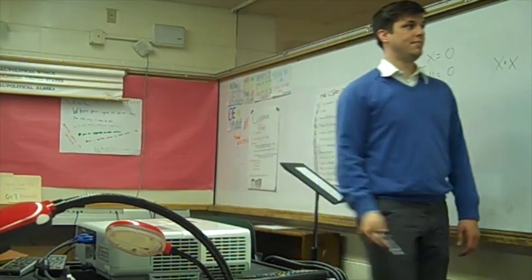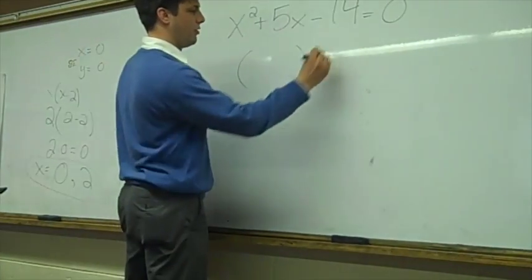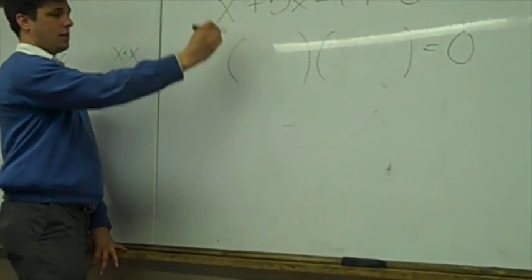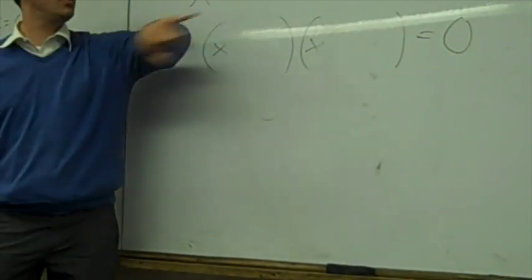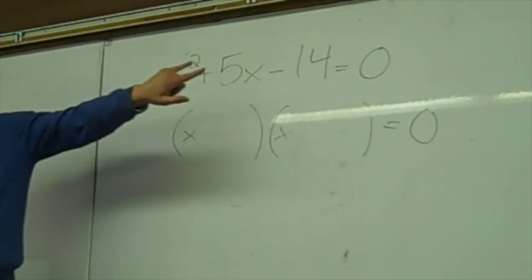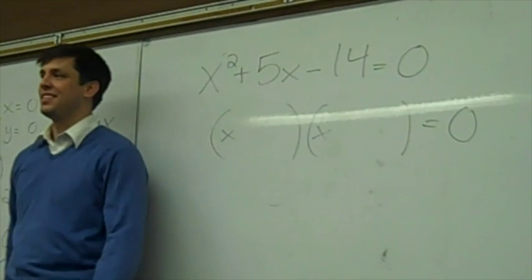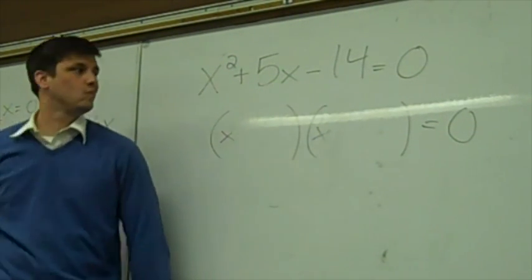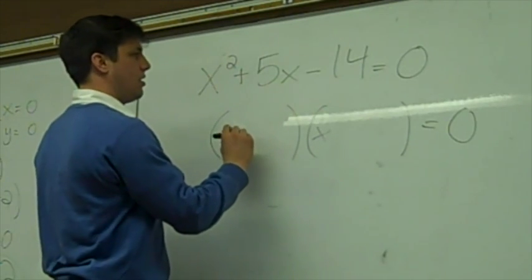No greatest common factor, so 3 terms, trinomial method. Backwards foiling. x times x multiplies to x squared. So now we look over here and say what multiplies to negative 14 and adds to 5? 7 and negative 2.